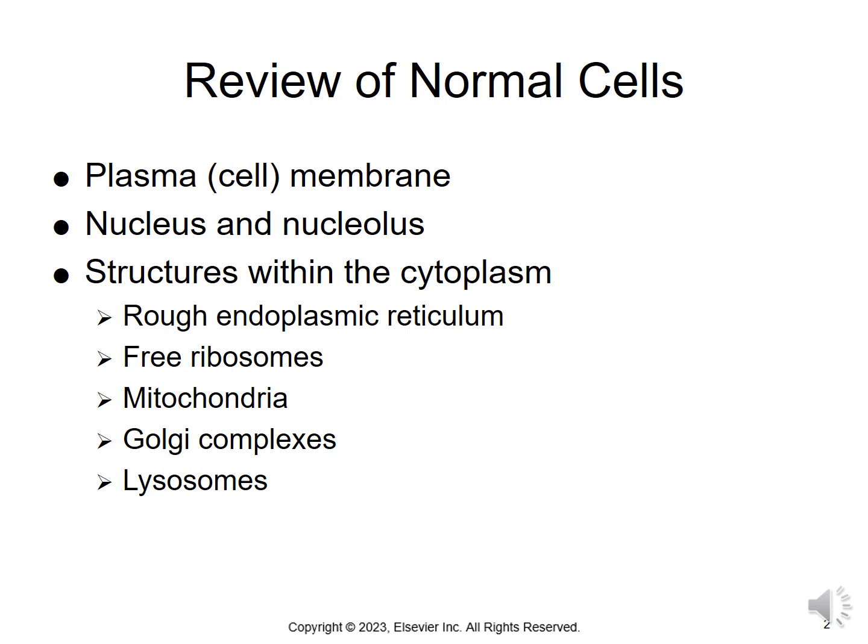The Golgi complex apparatus helps modify and package the proteins so that we can export them from the cell. And then the lysosomes contain the digestive enzymes for the breakdown of unwanted materials within the cell. And just in case I didn't say it clearly, the rough endoplasmic reticulum is responsible for protein synthesis for export.